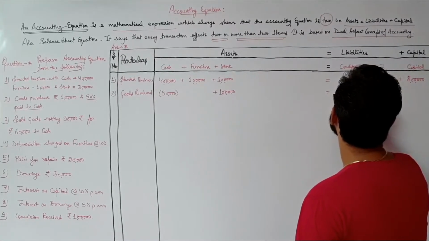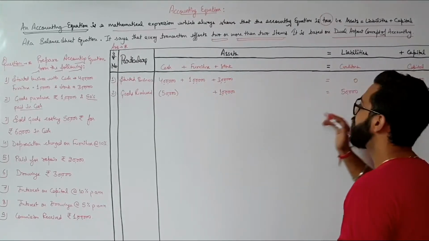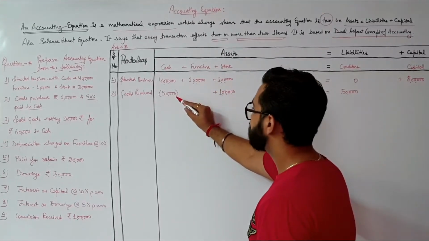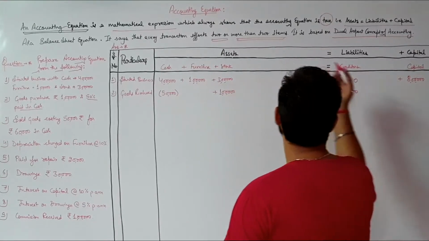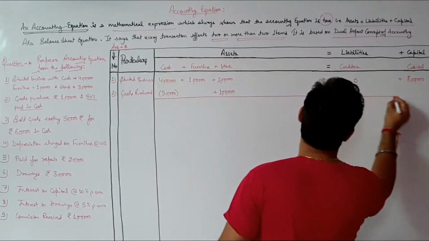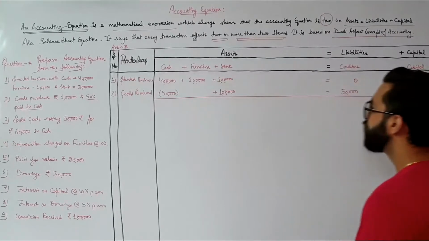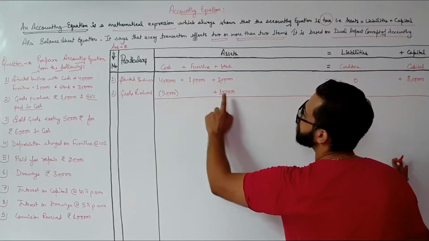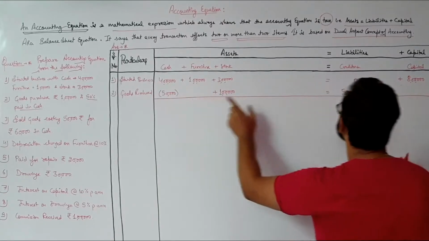Creditors are increased by 50,000 because we have purchased goods worth rupees 1 lakh and have given only 50,000 as cash and the other 50,000 is on credit. So 1 lakh minus 50,000 equals 50,000.